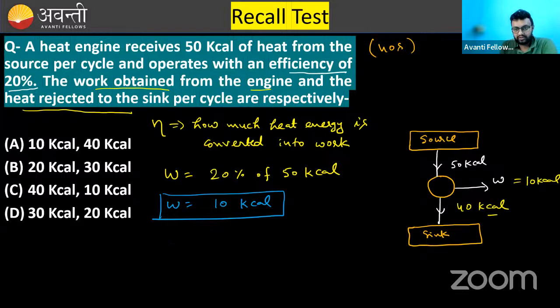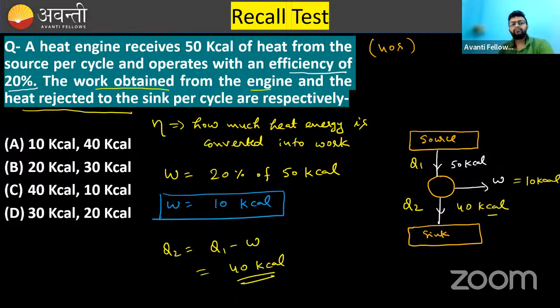So the heat rejected to the sink, if this is Q1 and this is Q2, then Q2 will be Q1 minus W, that is 40 kilocalorie. So which option is correct? Option A is correct.